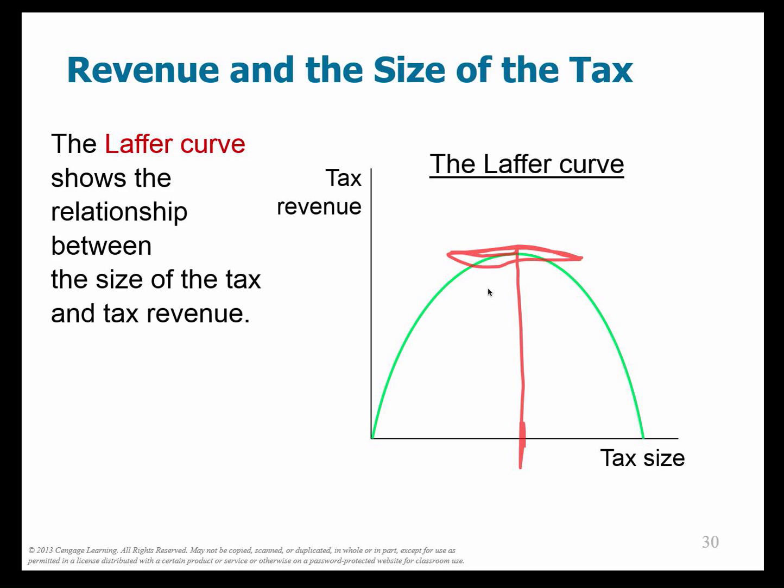And basically the question is out there, do you think that right now we're on this side, or do you think we're on this side? And that's going to lead to different things, because if our current tax rate is up here somewhere, we should definitely lower the taxes. If our tax rate is here, we could raise the taxes to get more government revenue. Unfortunately, we don't really know where we are on the Laffer curve.